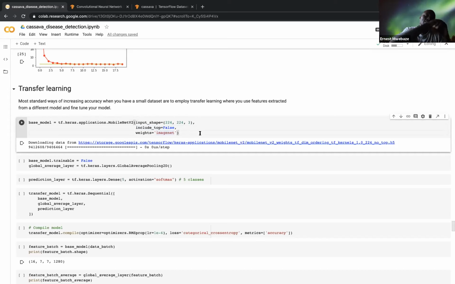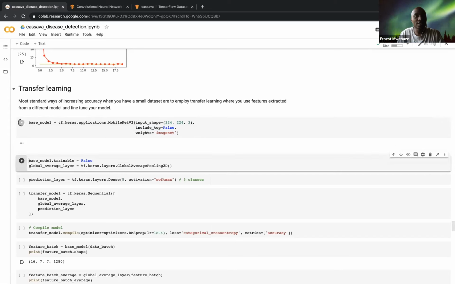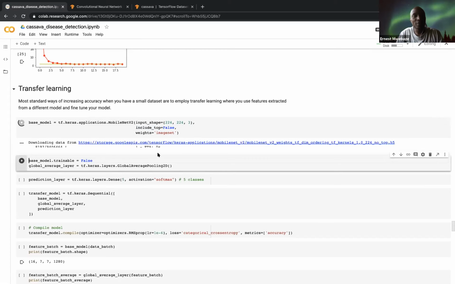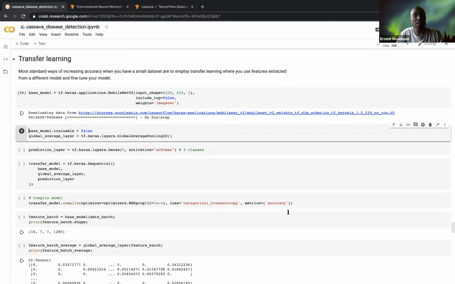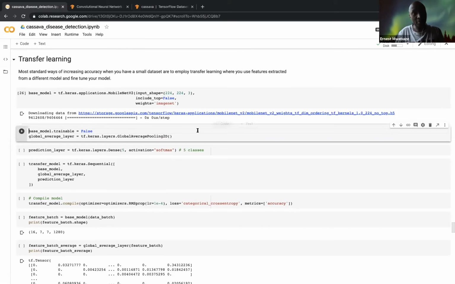ImageNet is the larger data set on which it was trained. And so we can call this very easily, and it downloads weights from the Keras repo.